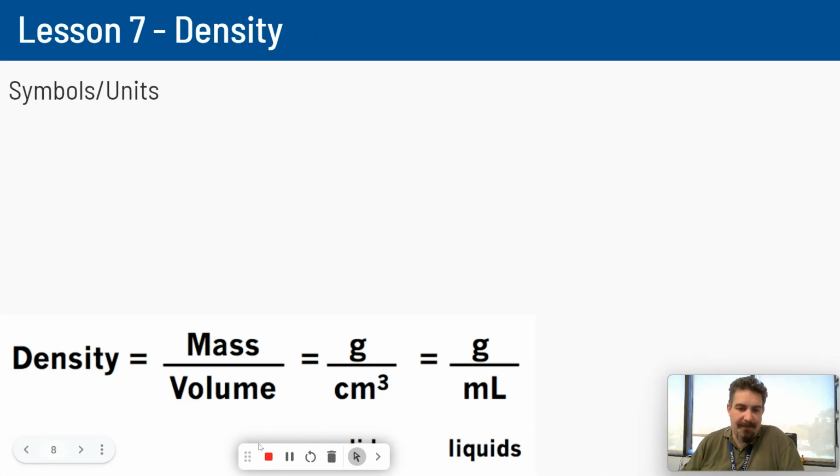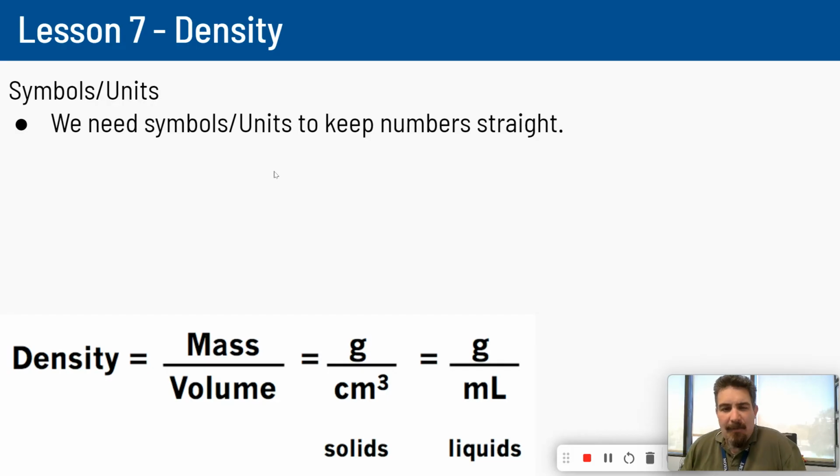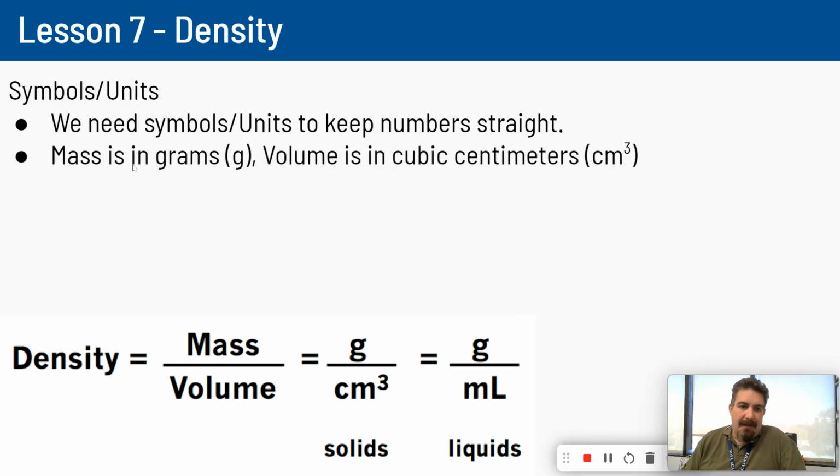All right, so down here again, we've got a way to think about these symbols and units. So we need symbols and units to keep our numbers straight because I don't know if that 13 is supposed to be the mass, the volume, the density, etc. Okay? Mass is in grams. So you see here, mass equals G, always that.